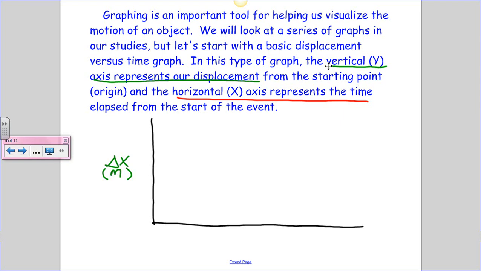So we are going to measure it in meters. And our x is going to represent time. And what kind of units do we use for time? We use seconds. So this is the outline of a displacement versus time graph. Time is on the x, or the horizontal, and displacement is on the y, or the vertical.